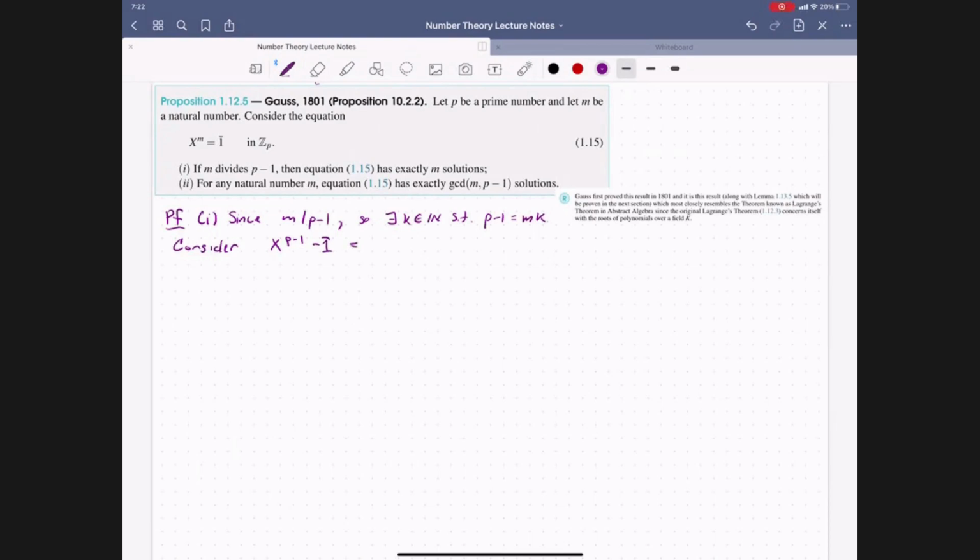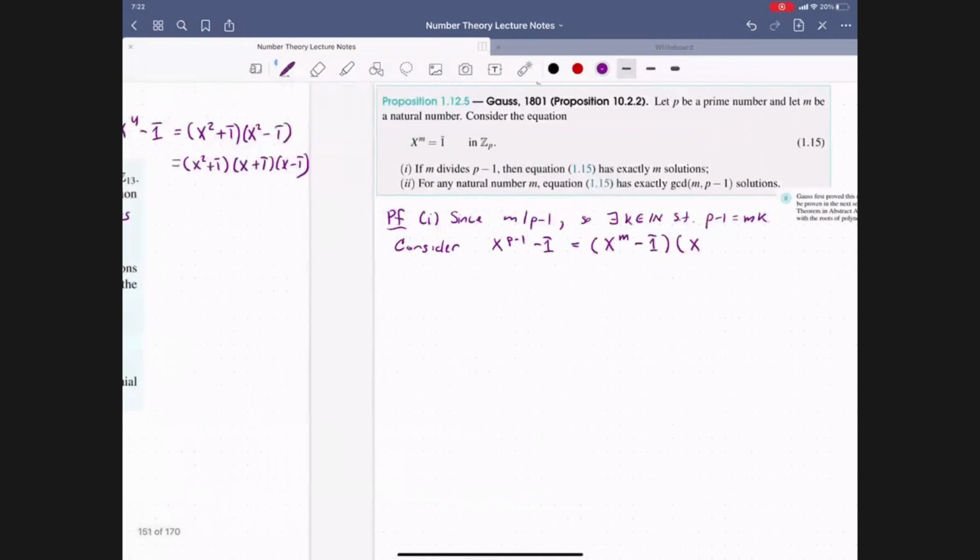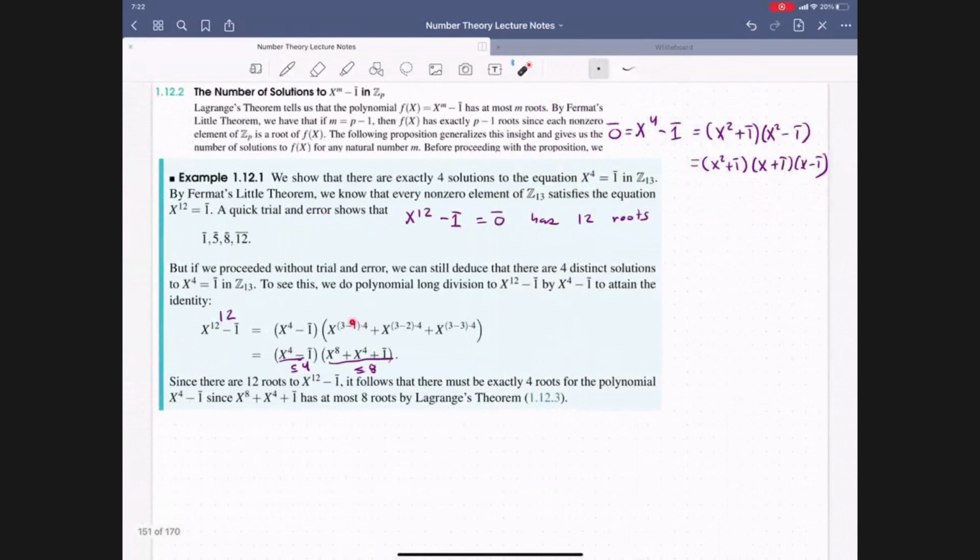And if we do polynomial long division, we can establish that this here is going to be equal to x to the m minus 1 bar times, and here we're essentially doing what we did on the earlier step.